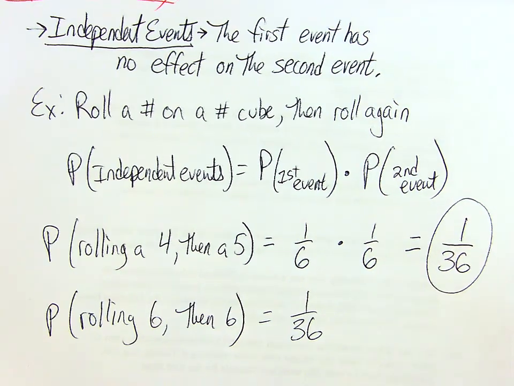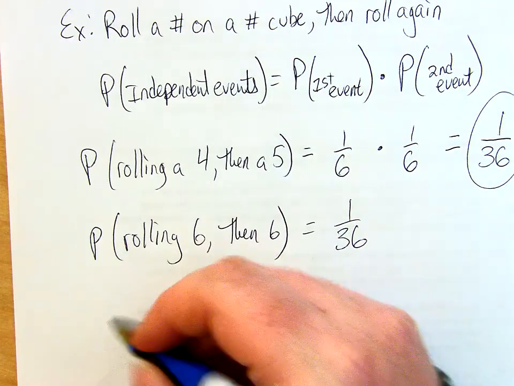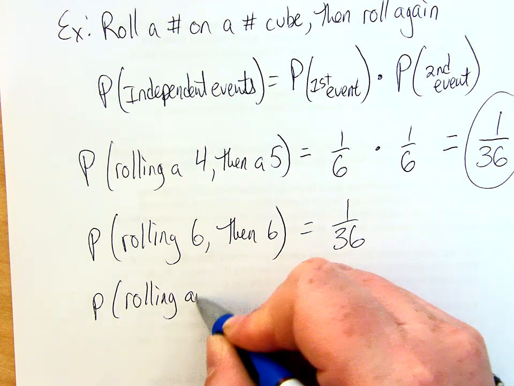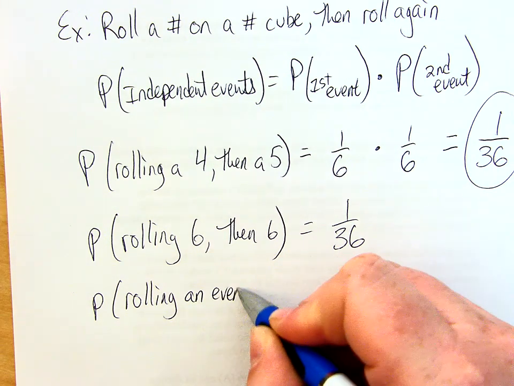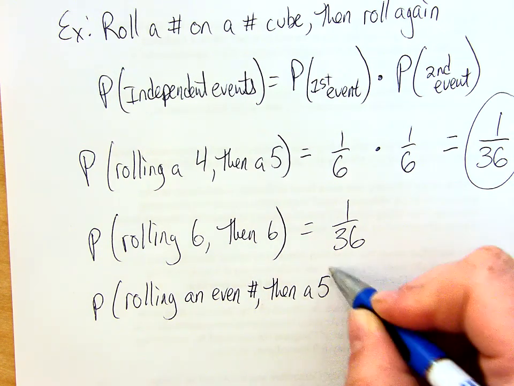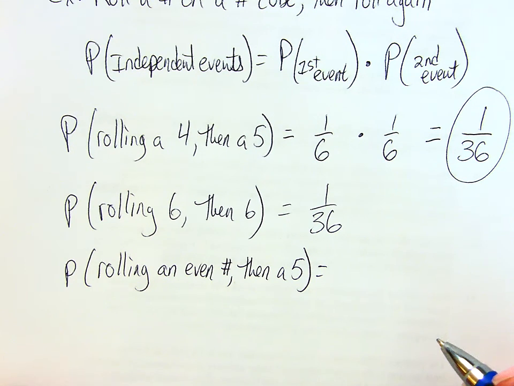So let's try one where it's a little bit different. Say we wanted the probability of rolling an even, then a 5. So what's the probability of me rolling an even number?